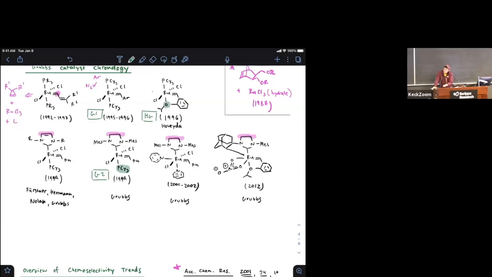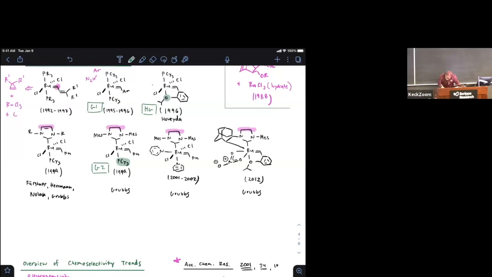When you have an NHC, it finds the olefin 1,000 or 10,000 times more frequently than when you have only phosphine ligands. So it changes the chemoselectivity that is so important for catalytic reactivity.